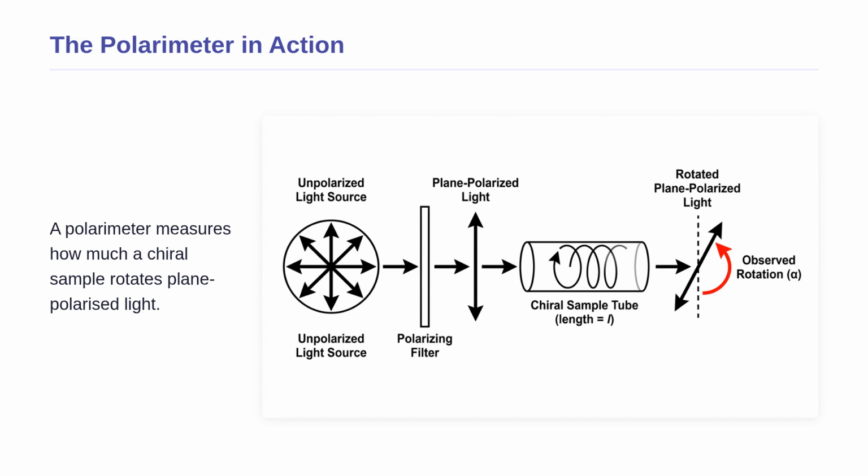As the light travels through the chiral molecules inside the tube, notice how the plane of the wave gradually tilts. Finally, on the right, the light emerges rotated by a specific angle, which we call the observed rotation, alpha. This diagram perfectly captures how we detect molecular handedness.